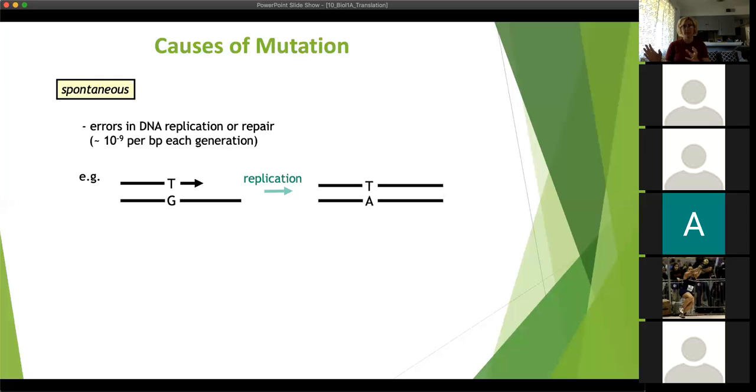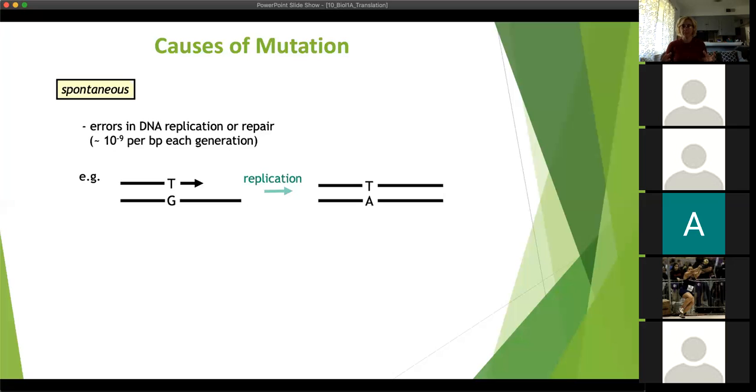And so what we see over the lifetime of an individual is the increasing number of point mutations and the increasing possibility that they could begin to affect a gene that's important. So we have lots of regions of our DNA that are not necessary for making proteins. If you get mutations in there, usually not a problem.